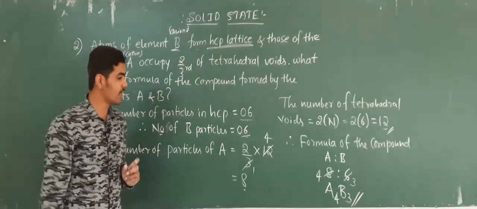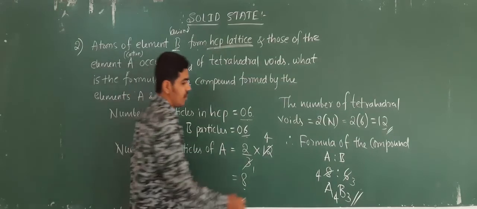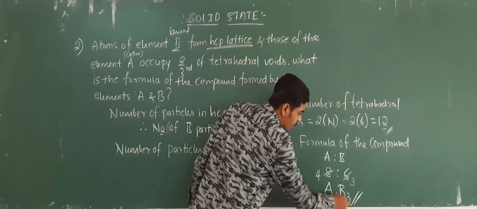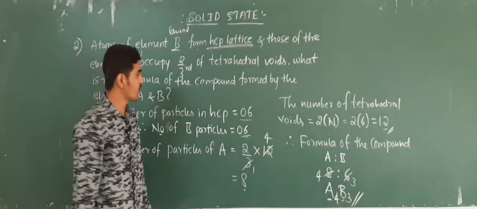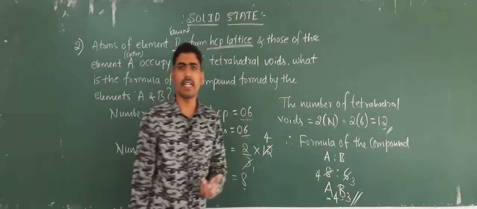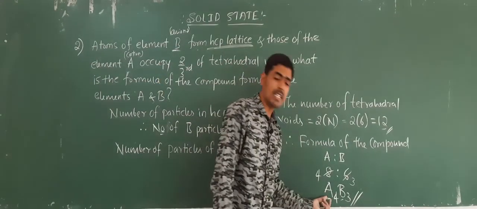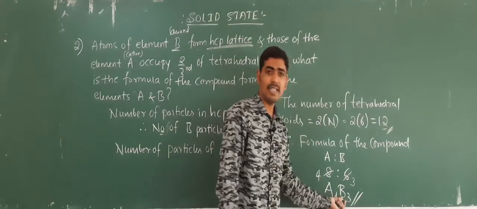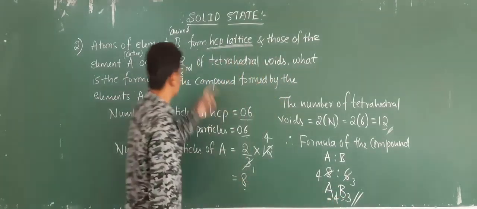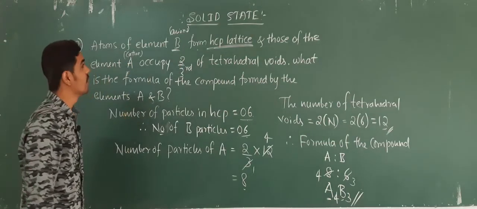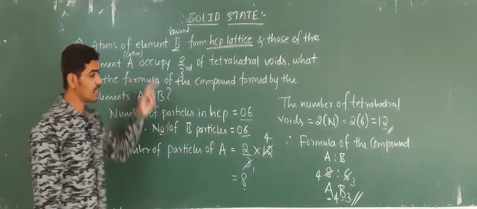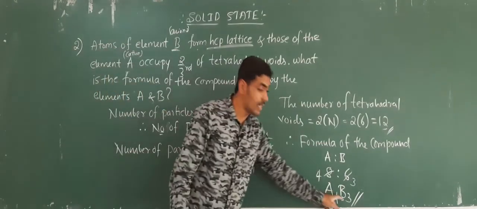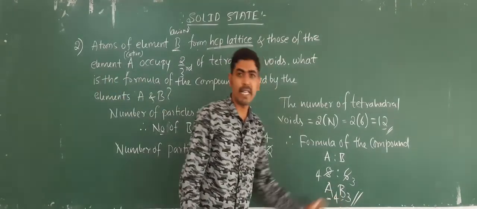And another thing, remember here I have taken A first and B last, because we always write the first cation and then anion, and first you need to find which one is anion and which one is cation. Based on that you can write whether it is AB or BA.